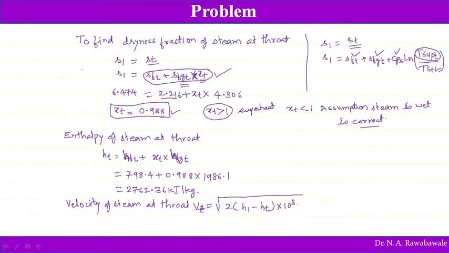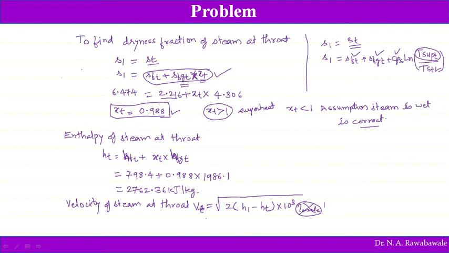And nozzle efficiency, inlet to throat, is 100% because he is saying that there is no friction between inlet to throat. So this is 100%, in the sense it is 1. So this value, nozzle efficiency, is not required.